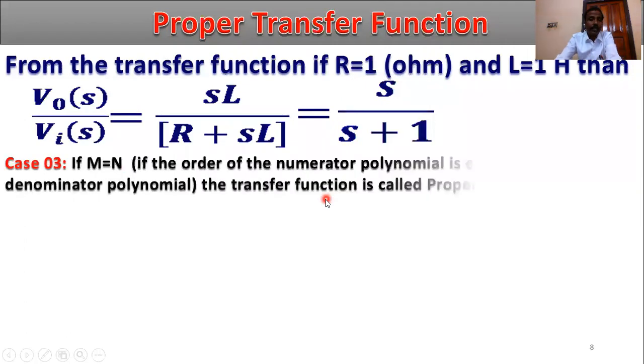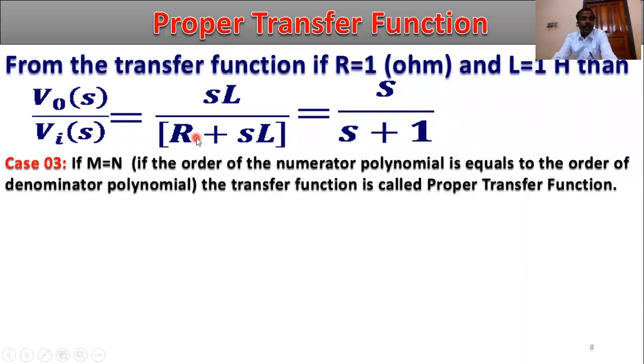So next, this is the form of M equals N, case number 3. If the order of the numerator polynomial equals the order of the denominator polynomial, the transfer function is called a proper transfer function.